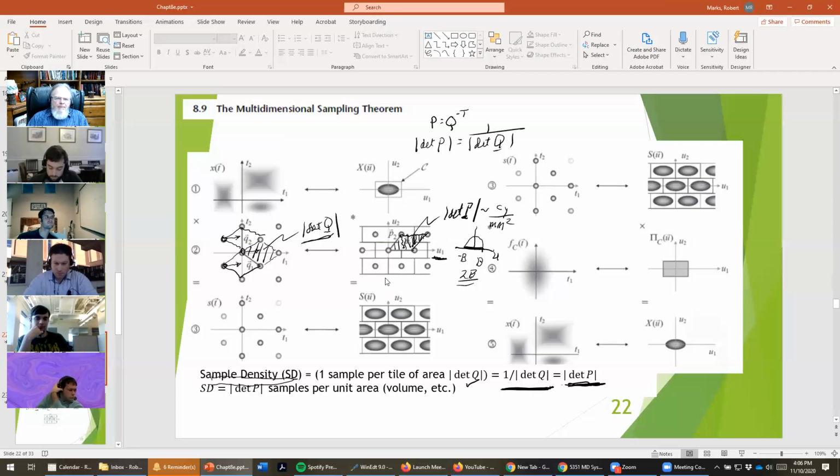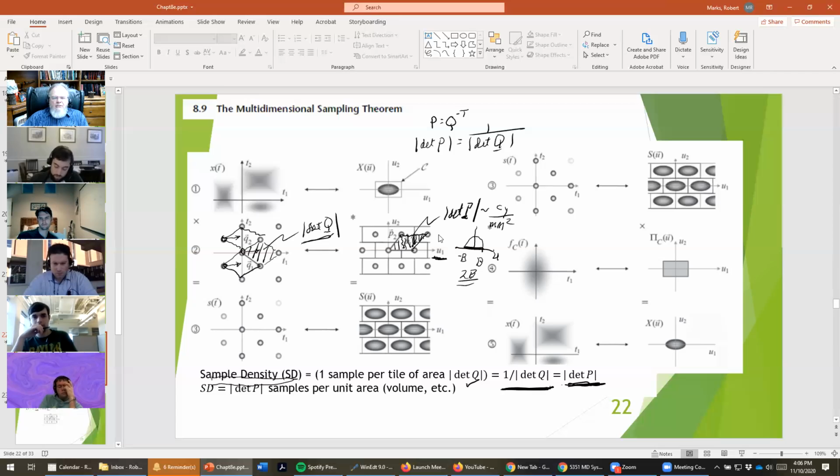Now, with the Nyquist rate, what are we doing? We're trying to minimize the number of samples that we have to store, correct? If we want to minimize the number of samples that we want to store, what do we want to do to the determinant of P? We would like to make that as small as possible, right?